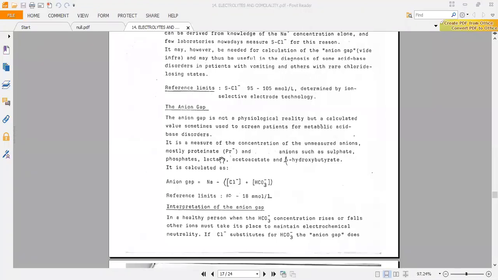So this person will also have reduced chloride and bicarbonate levels, and when those are reduced, the person will have an increased anion gap. So that's the concept of anion gap.